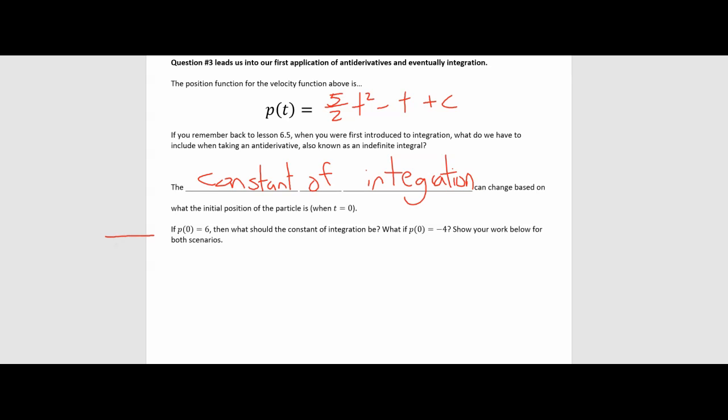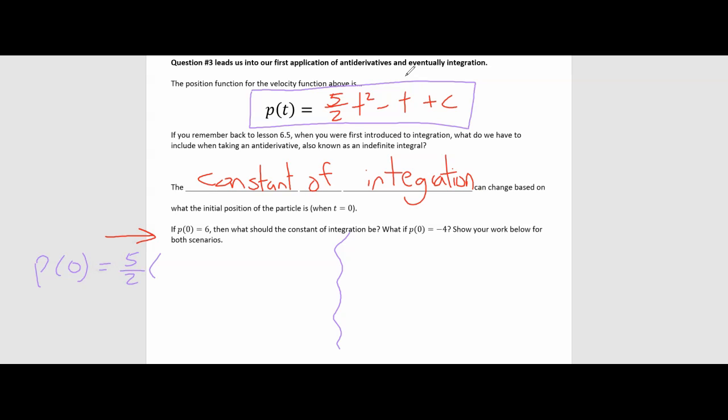Down below it says if p of 0 is equal to 6, then what would the constant of integration be? What if p of 0 was equal to -4? And let's show the work for both scenarios. So if p of 0 is equal to 6, well, if I have my general position function, and I have that initial value, p of 0 being equal to 6, then I can just substitute in. So p of 0 is equal to 5/2.